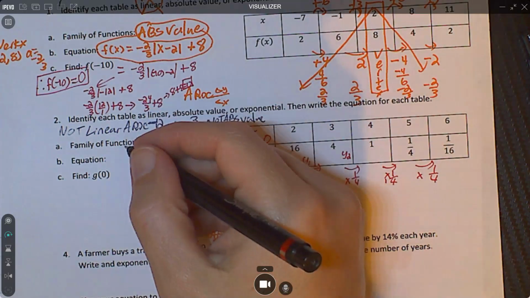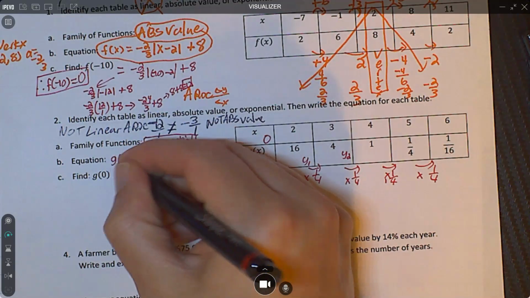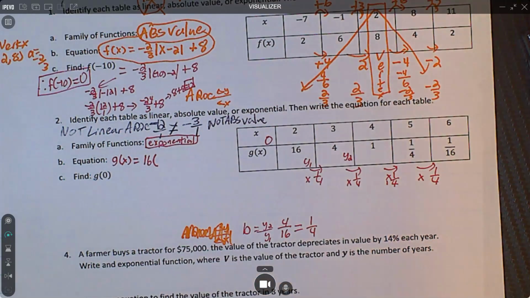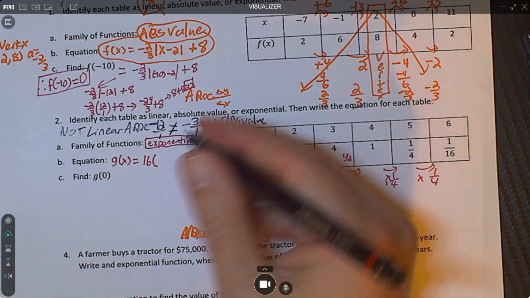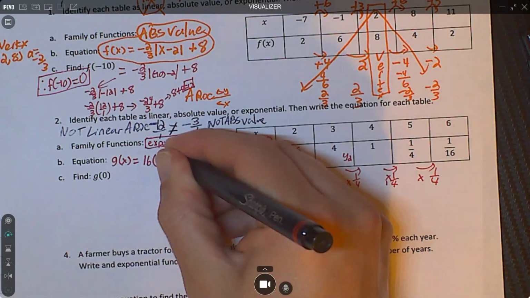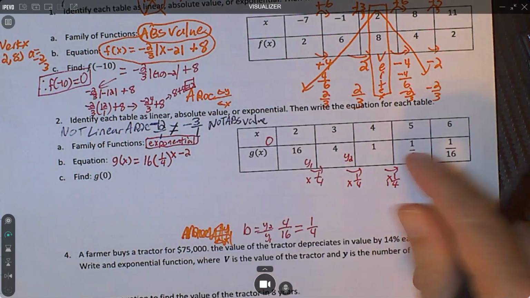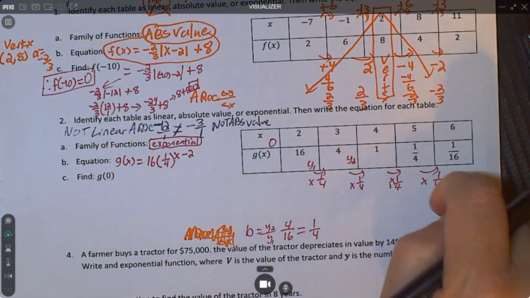Okay, so we're going to go g of x equals 16. And I know that's not the initial amount, but we're going to do 16 times 1/4 to the x minus 2, because we're trying to figure out what 0 is.